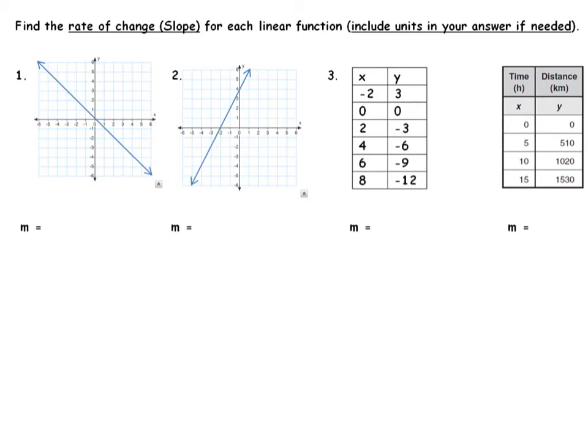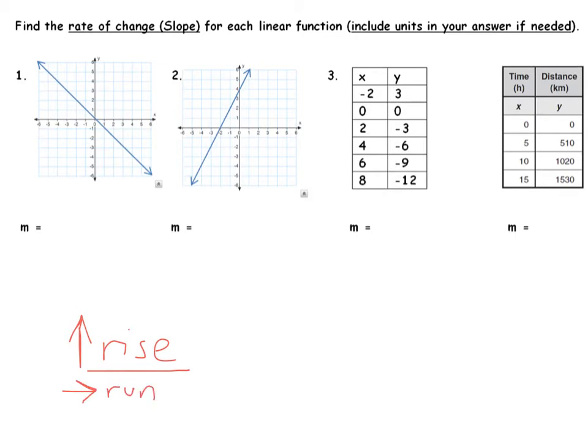So this one is just asking us to find the slope. And how do we find the slope? If you look in your notes, you'll see we have to find 2 points. And then we find how much you go up between those 2 points, and you divide it by how long it takes, or how far you have to go over.